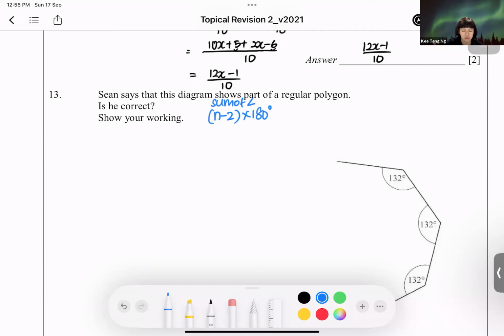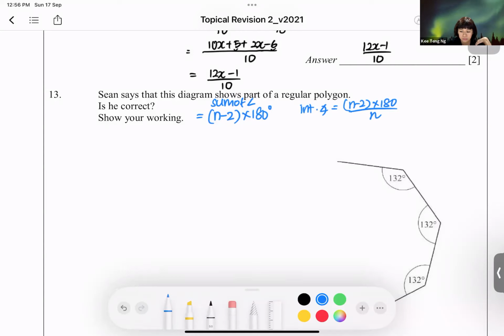of the angles, right? If you have a regular polygon, what does regular polygon mean? Regular polygons mean all the sides and all the angles are the same. So if you have a regular polygon, then that formula will be one interior angle. The interior angle will be given by n minus 2 times 180. But since there are n sides, right? N number of sides of whichever, so you divide by n.